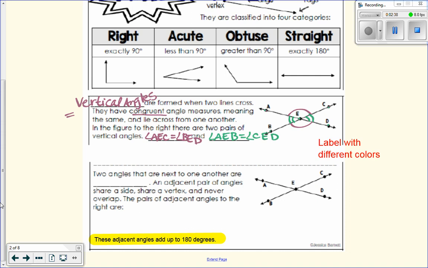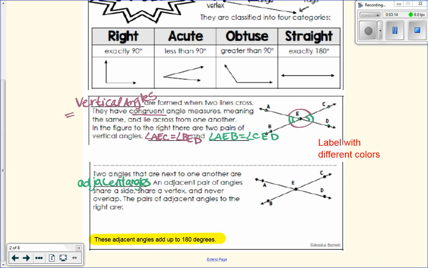All right. Our next vocabulary, 2 angles that are next to one another are adjacent angles. So your next door neighbor, anyone that's right next to you, they are adjacent. An adjacent pair of angles share a side, share a vertex, and never overlap. The pairs of adjacent angles to the right are, and there are many, there are a lot.